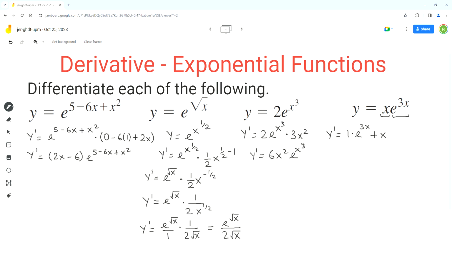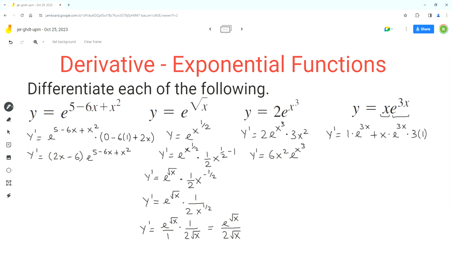Now we have to find the derivative of the second function, e to the 3x. So the derivative will be the e term as it is given times the derivative of the exponent. And the exponent is 3x. So 3 is the coefficient of the exponent, so it will stay as it is. And the derivative of x is 1.